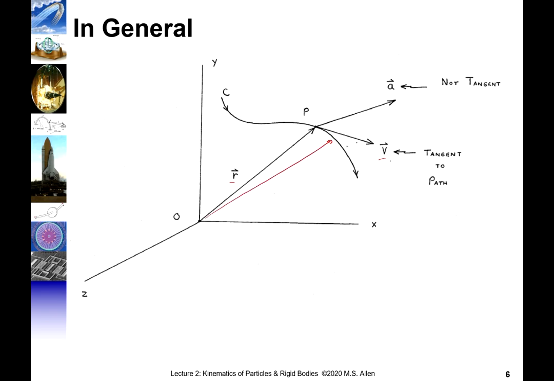So a plane that contains the path will contain that. And in this picture, we've just drawn the acceleration vector in an arbitrary way to say that it's not tangent to the path. It's tangent to a velocity path if we had one, but we don't in general.